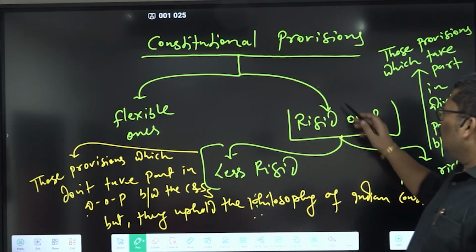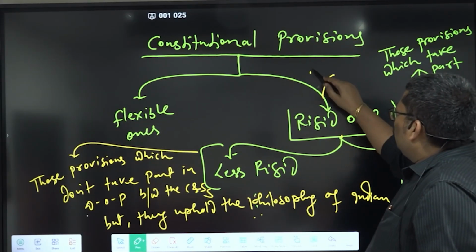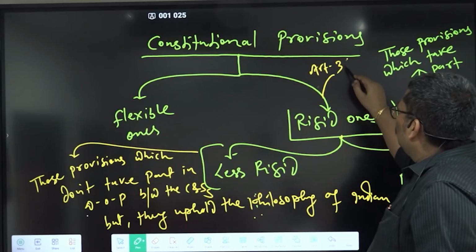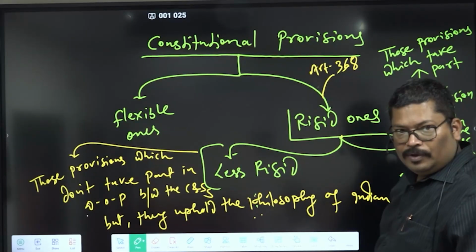To amend rigid provisions, you need to apply Article 368. Okay.